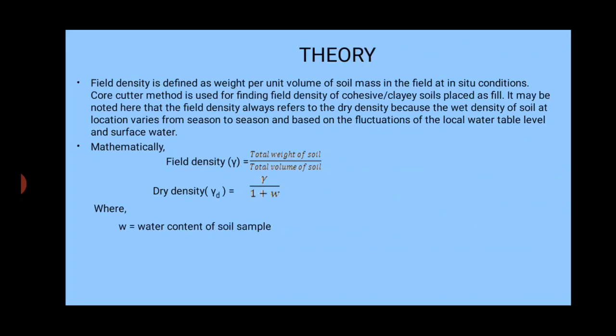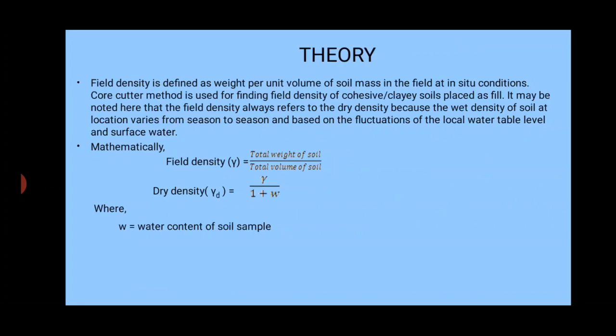So what is the need of determination of field density or dry density? Why do we conduct the test to determine the field density value or dry density value? We need to understand the objective of the test.